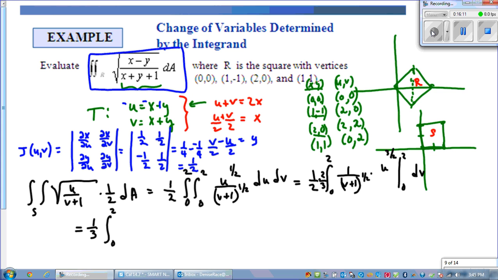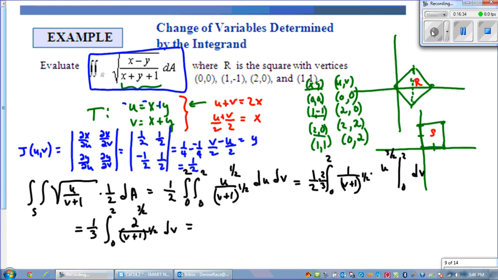Now I'm putting these values 0 and 2 in for the u's. So when I put the 2 in, I'm going to have 2 to the 3/2 over v plus 1 to the 1/2, or I could put it up in the numerator, and then we'll have minus 0.